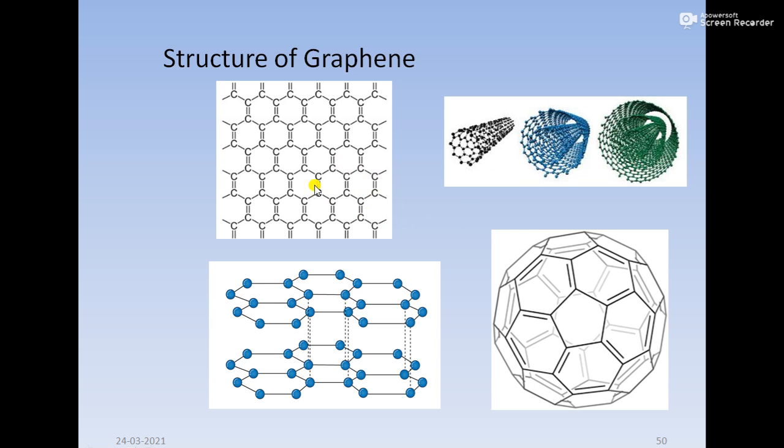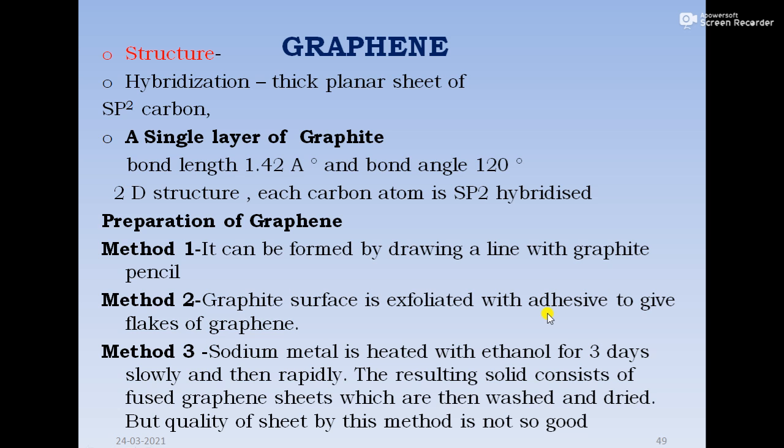And if we make this graphene sheet into a ball-like structure, that becomes fullerene. So again, this is graphite, a single sheet is graphene, rolled graphene is carbon nanotube, and a ball-like structure is fullerene. You can see the structure.